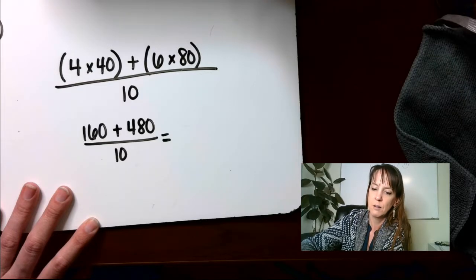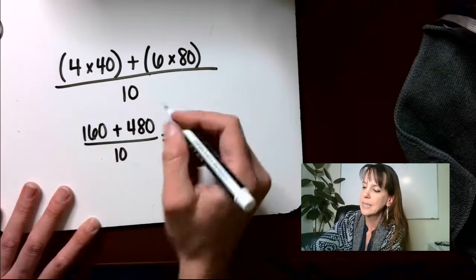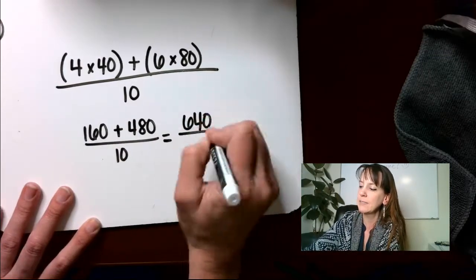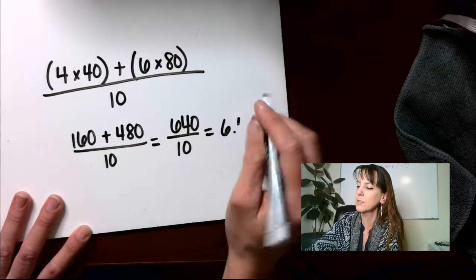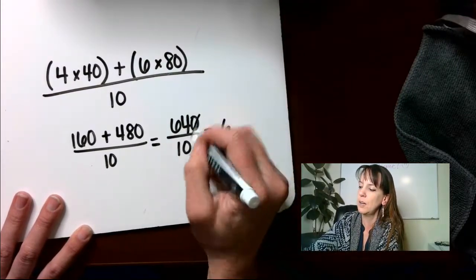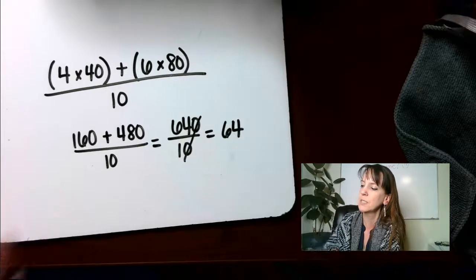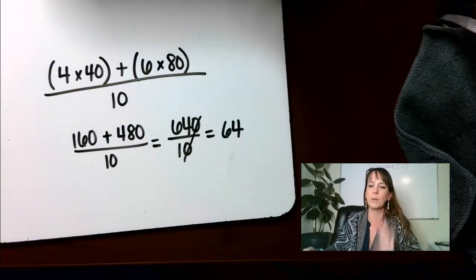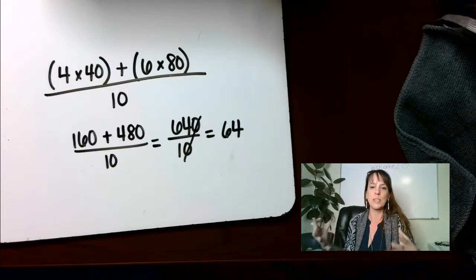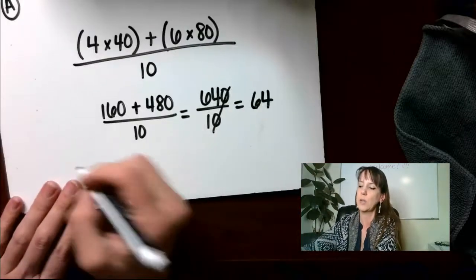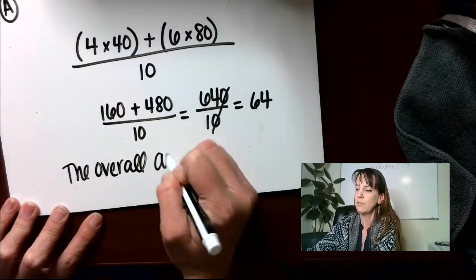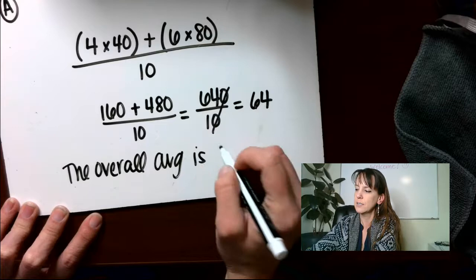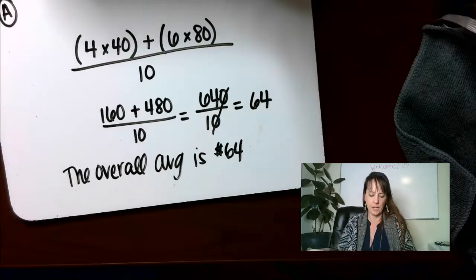So this equals 640 divided by 10, which reduces down to 64. So the overall average is, and this is how you'd write it, $64 per item, okay?